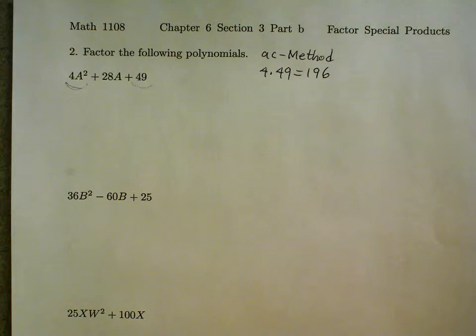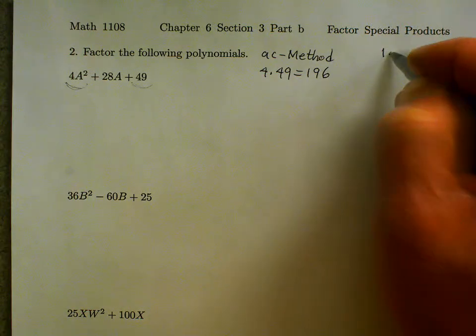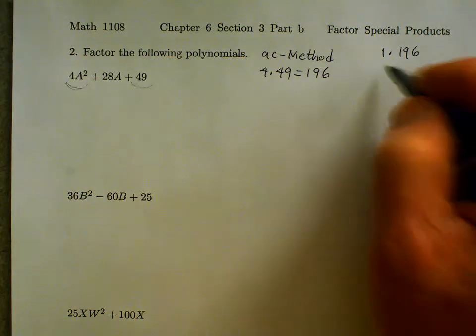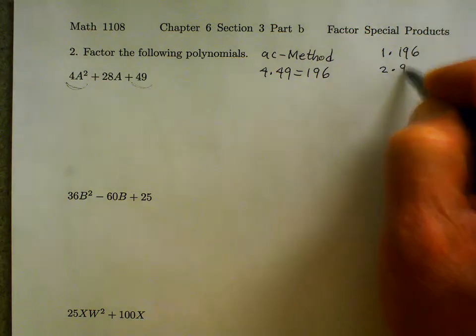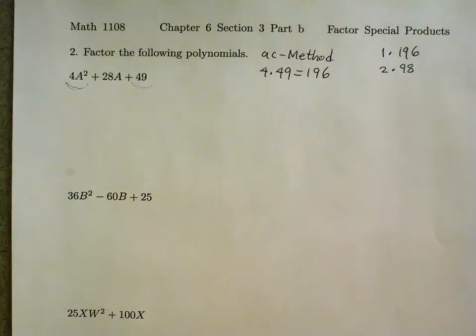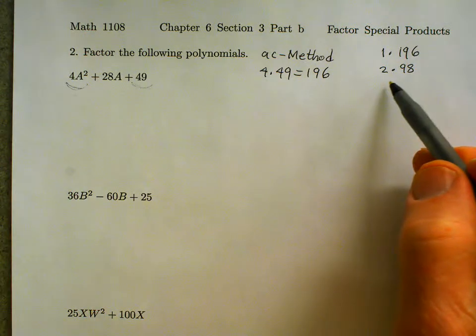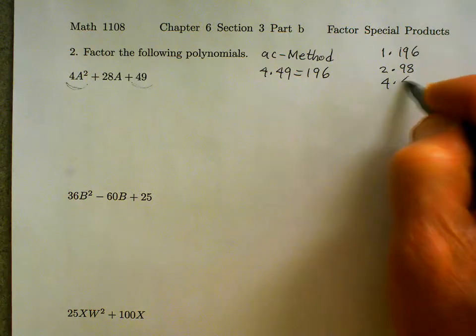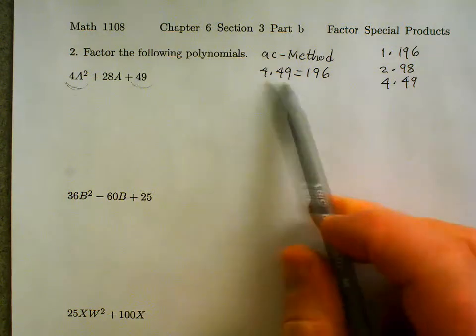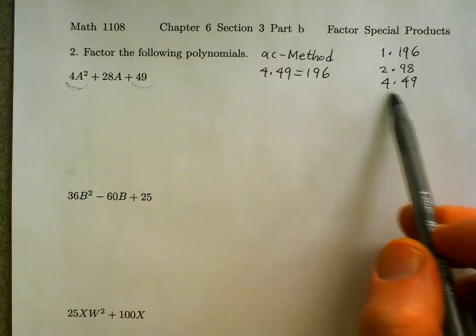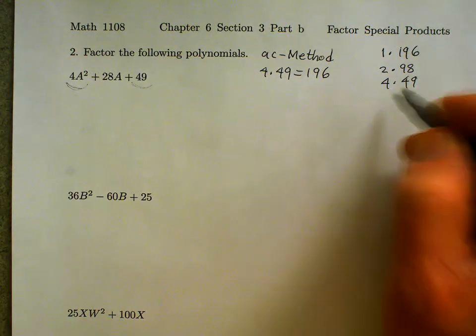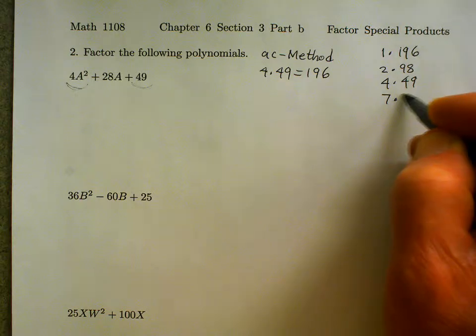So if we start at the extremes using our systematic approach, 1 times 196, those add up to 197. Then 2 times 98. 3 is not a factor. 4 times 49, we already knew that one. 5 is not a factor. 6 is not a factor. 7 is a factor. 7 times 28.